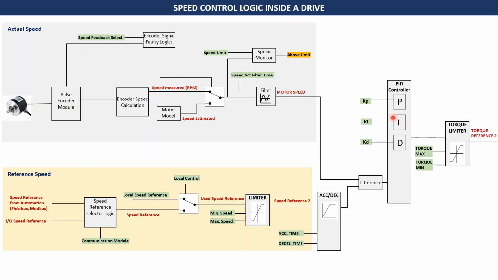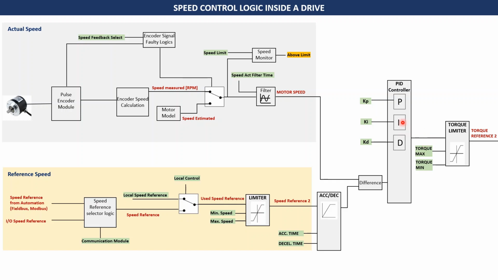In control systems terminology, this kp, ki, kd are known as the gains of the controller. So kp is the proportional gain, ki is the integral gain, and kd is the derivative gain. Now kp, or the proportional gain, means kp is multiplied with the error signal to generate the output of this controller.